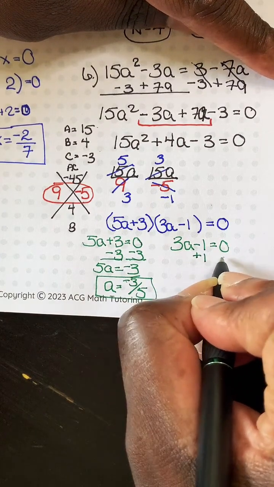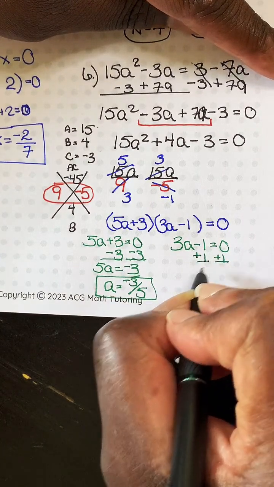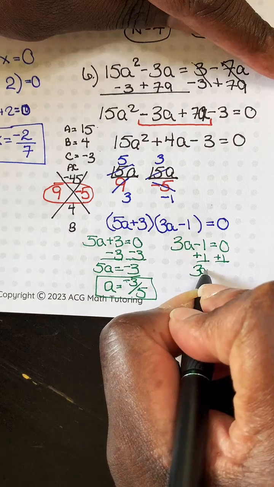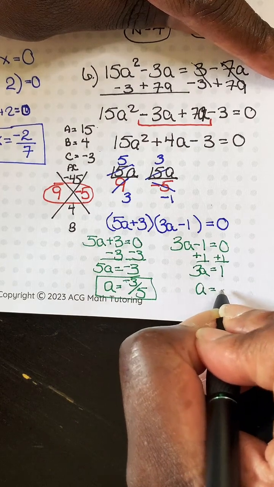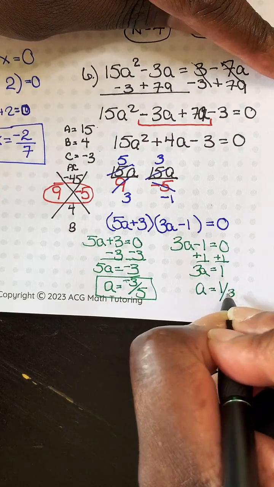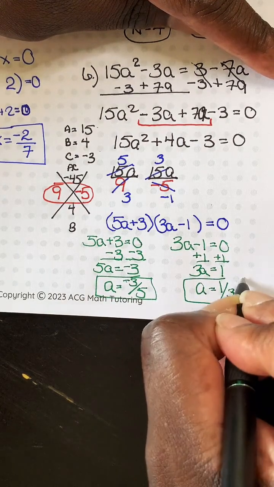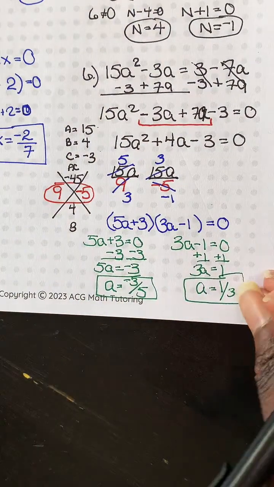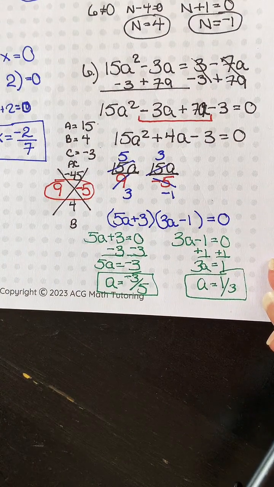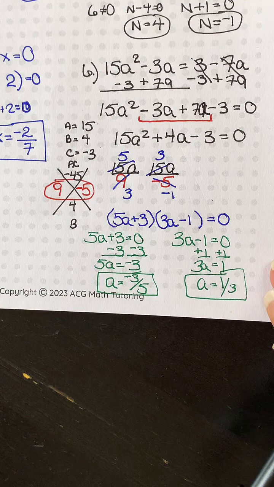I'm adding 1 though. So then I have 3a equals 1. So that means A is 1/3. So negative 3/5 and 1/3.